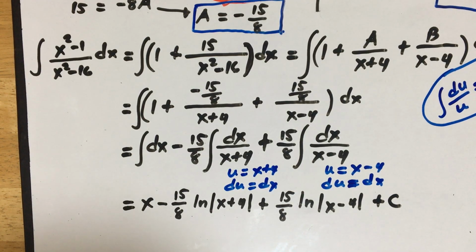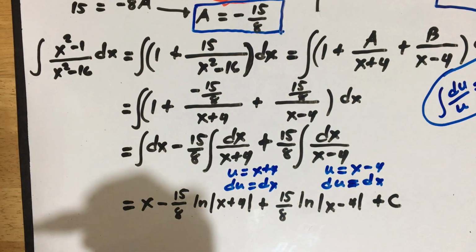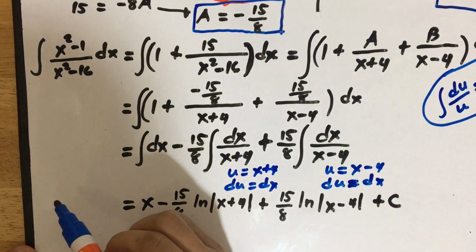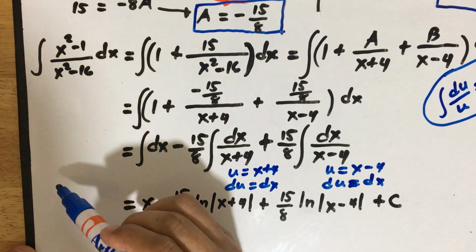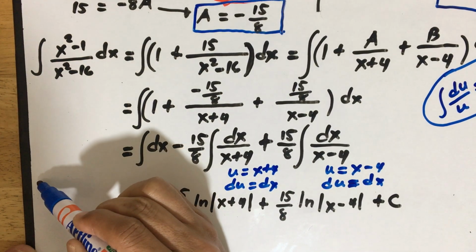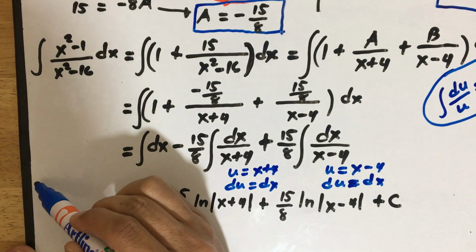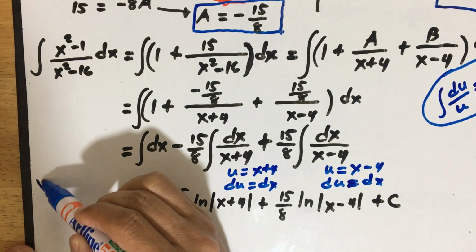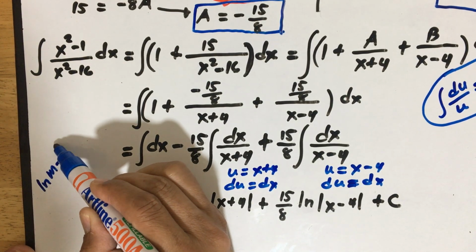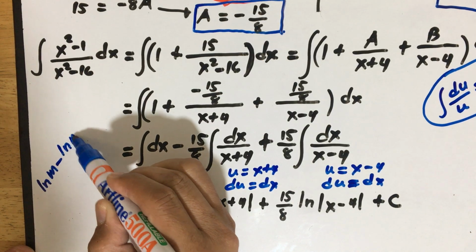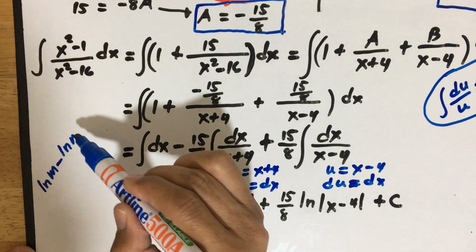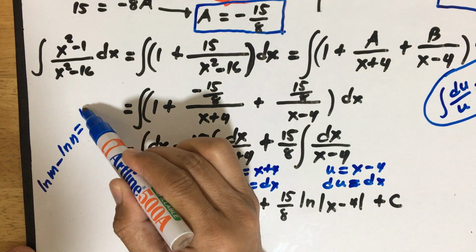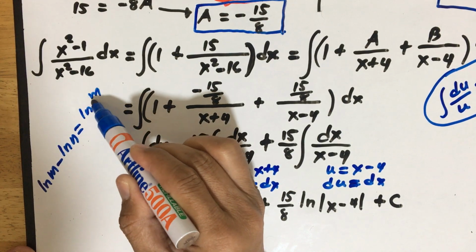Then from our logarithmic rule, ln of m minus ln of n is just equivalent to ln of m divided by n.